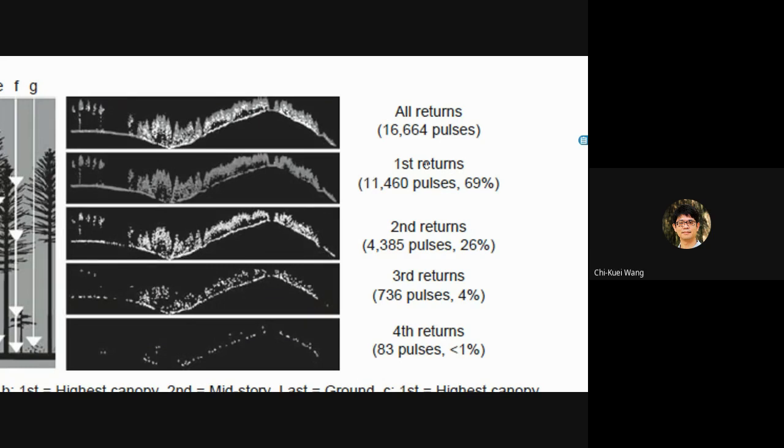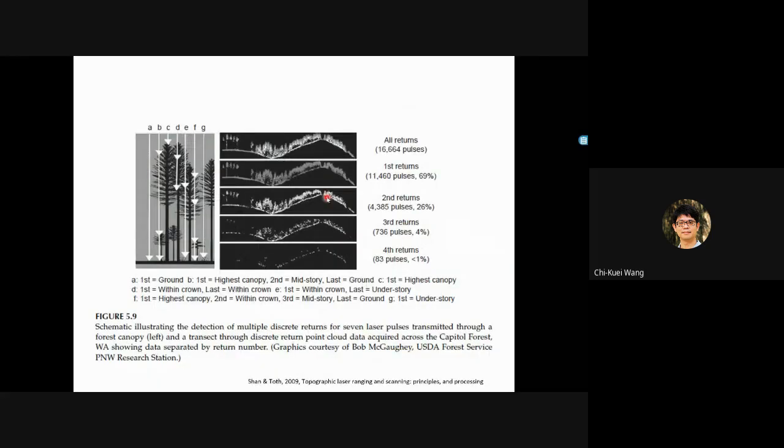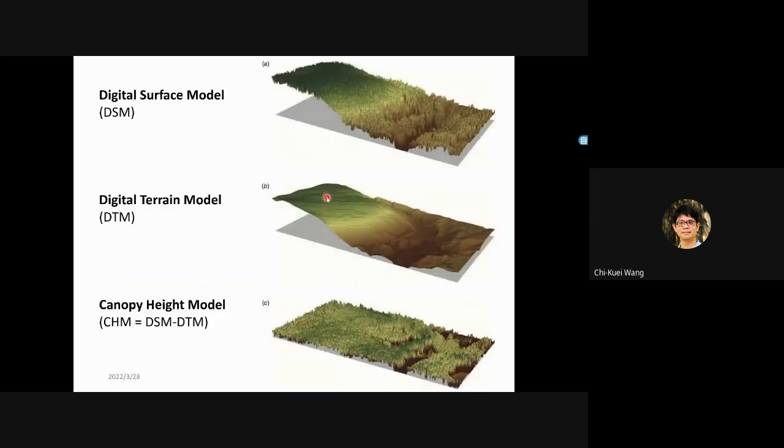And the first return of course has a lot of vegetation, but it also has terrain information. So if you want to extract the ground points, you would use not only the information from the returns, but also the information from the geometry.